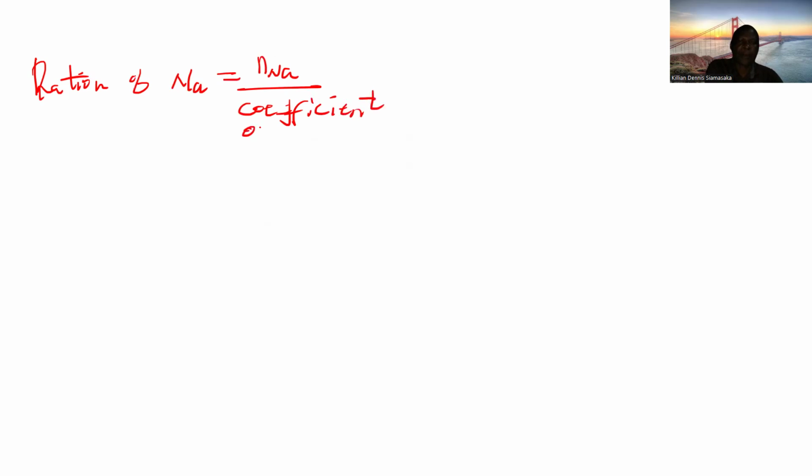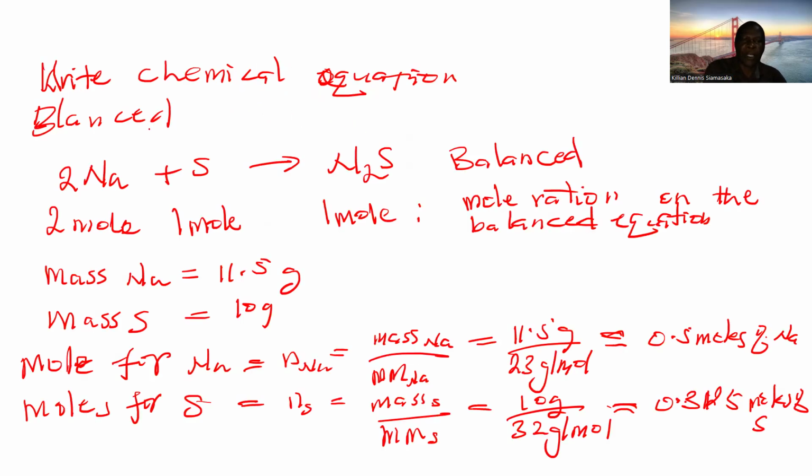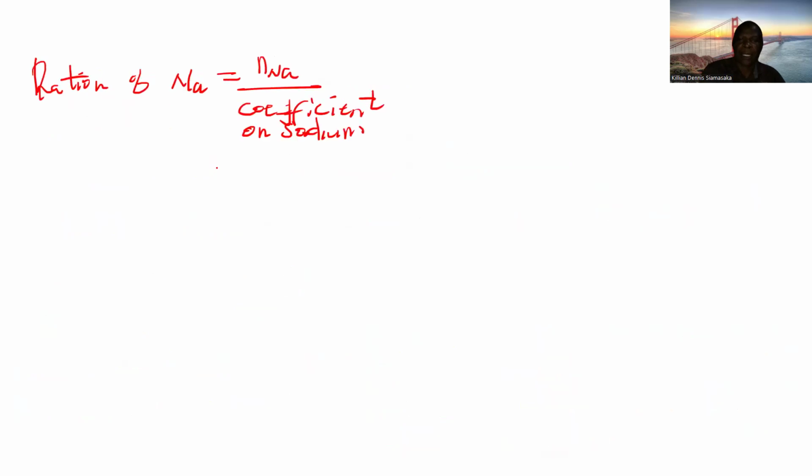If you look at the balanced equation here, you notice that the coefficient for sodium is actually 2. And so we are going to say the moles that we calculated for sodium was 0.5 moles of sodium divided by the coefficient, which is 2.